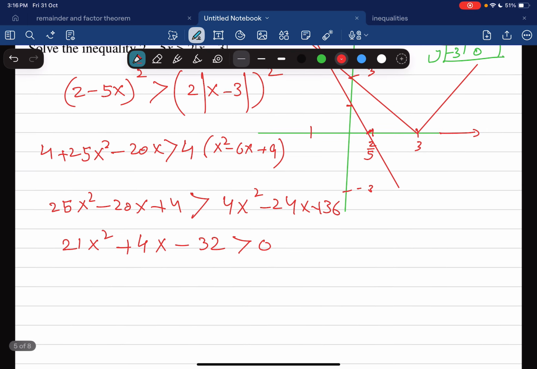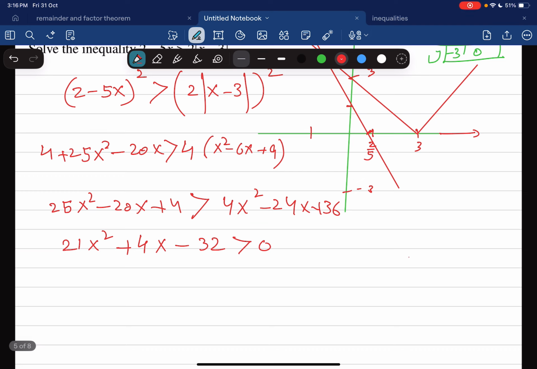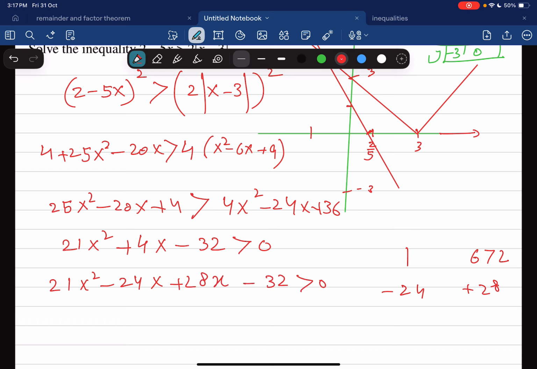Now we factor it. 21 times 32 is 672. We multiply, and the factors are 24 and 28. 21x² − 24x + 28x − 32 greater than 0.